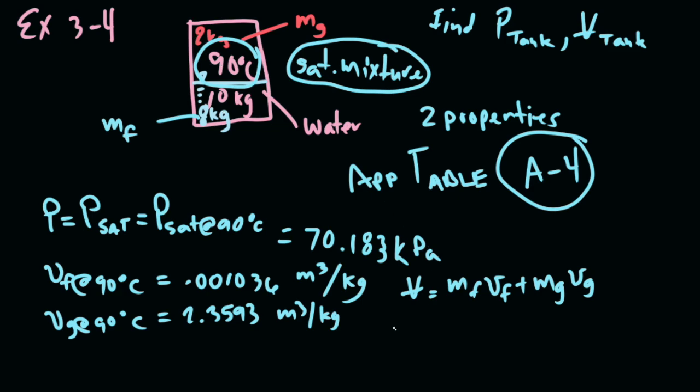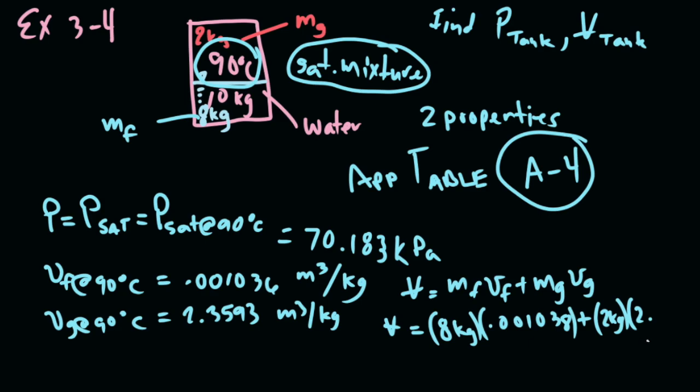Now to get the total volume, we just plug everything into the equation. The mass of the liquid, 8 kilograms, times V sub F, 0.001038, plus the mass of the vapor, 2 kilograms, times 2.3593 meters cubed per kilogram.